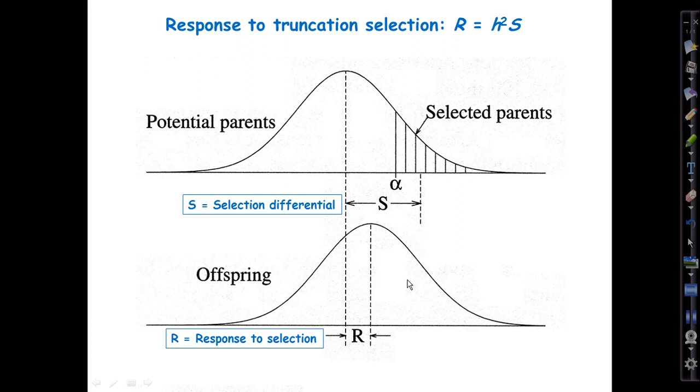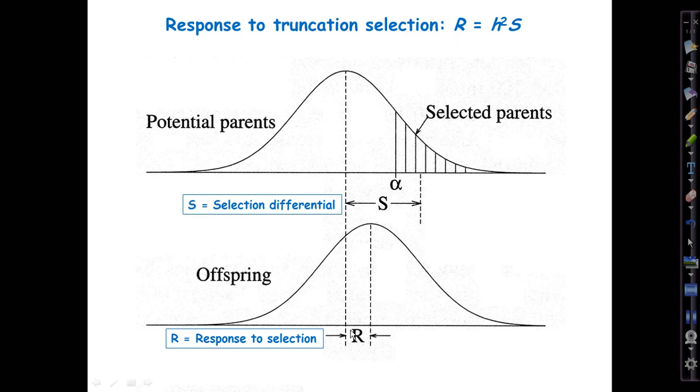Okay, then we breed from these parents, grow up the offspring, and measure their phenotypes, and what do we get? If our selection was successful, the mean of the offspring population, which is also a normal distribution of trait values, but the mean is above the mean of the parental population.